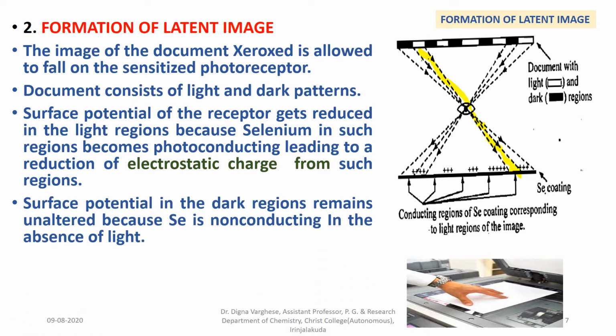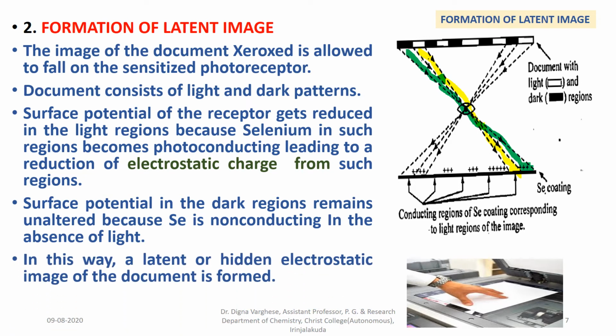But the surface potential in the dark regions, which we show in green ink, is unaltered. Here there is uniform charge because selenium is non-conducting in the absence of light.